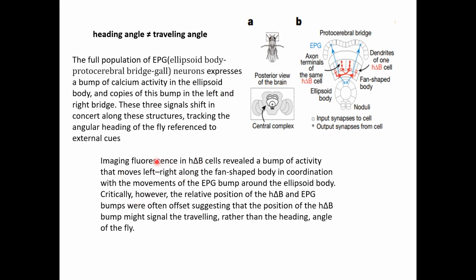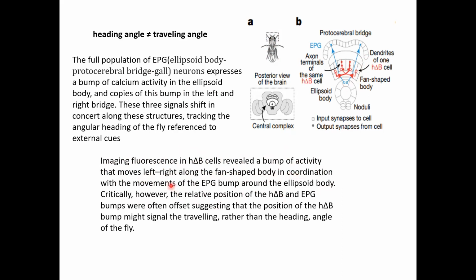Now, and that's the point of the article, they also measured what was going on in the H delta B cells, and this revealed a bump of activity along the fan-shaped body.